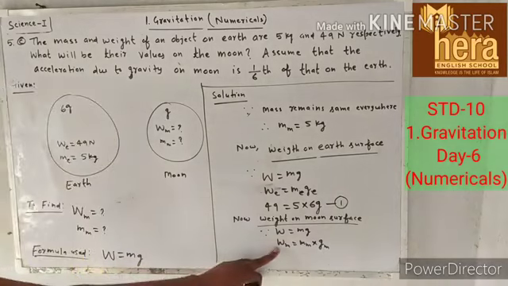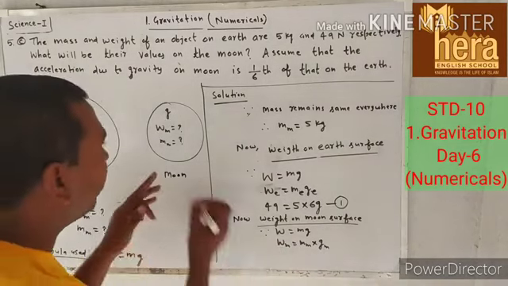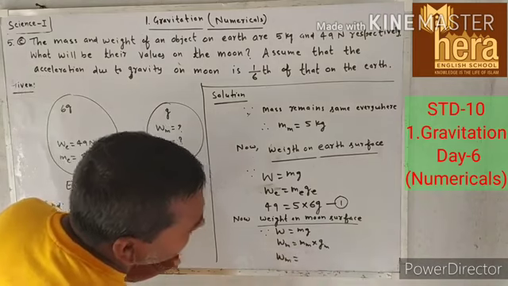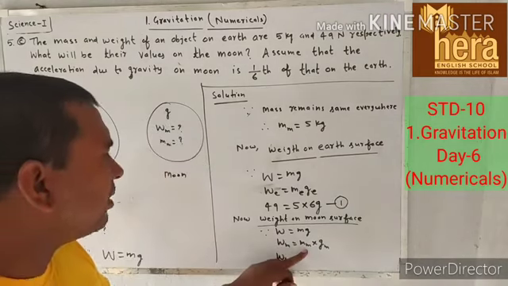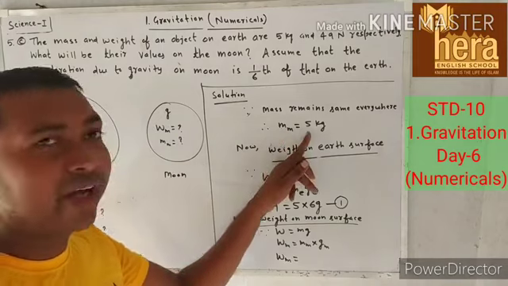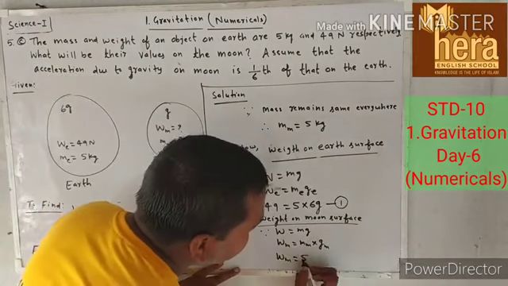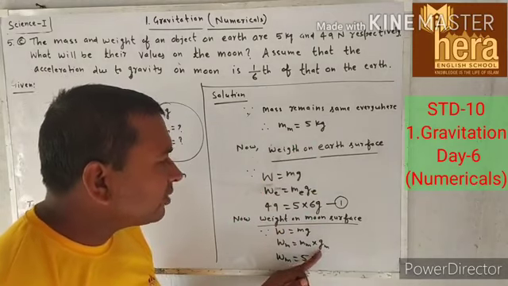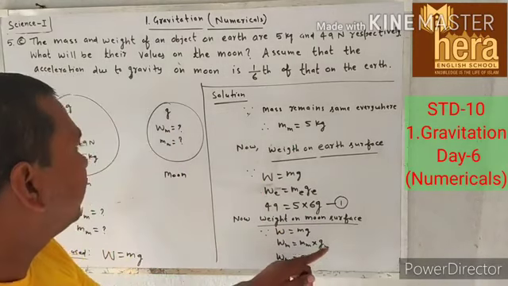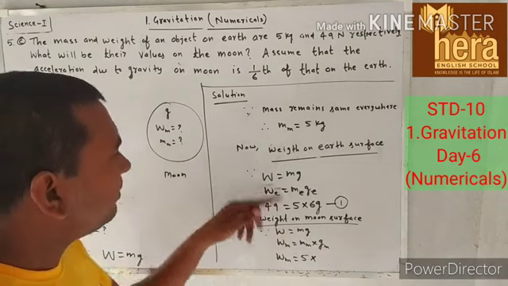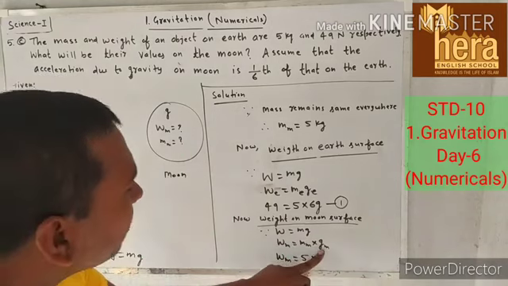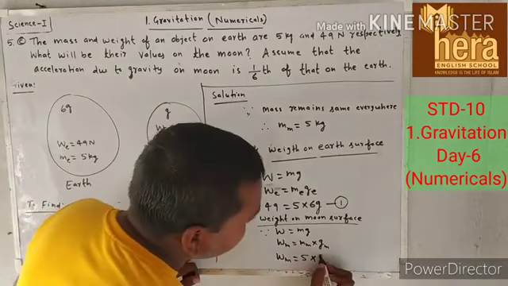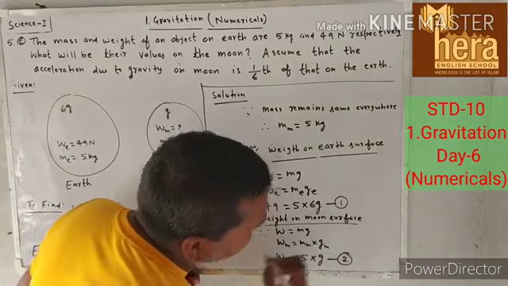So weight on the moon surface is what we have to find. Mass on the moon surface is 5 kilogram. So right here 5. Gm means acceleration due to gravity on the surface of moon, which is equal to g. Right here g, equation number 2.